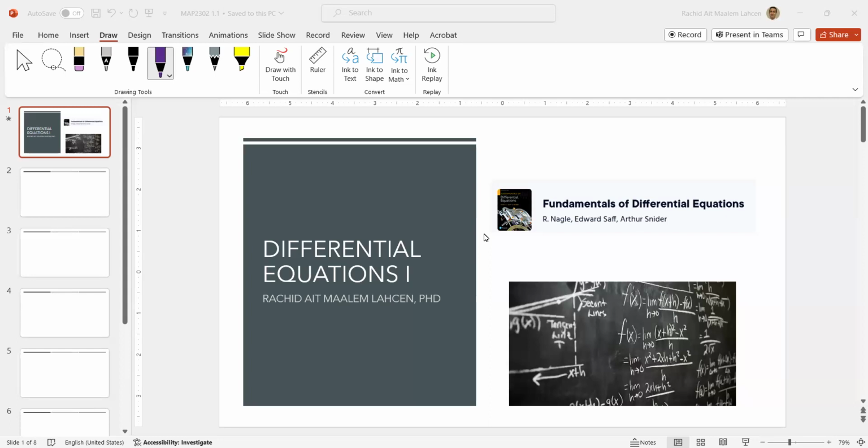In this section, I'm going to discuss the background. As you know, some schools require calculus before this course, and some others require even linear algebra. So it depends.